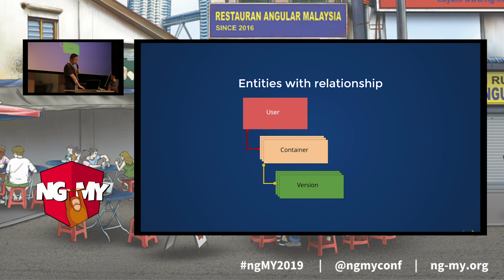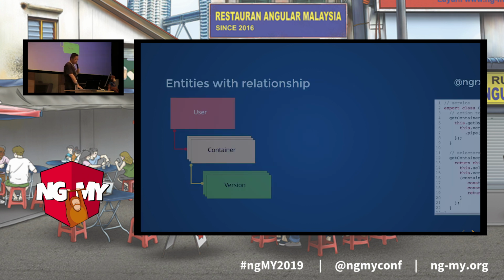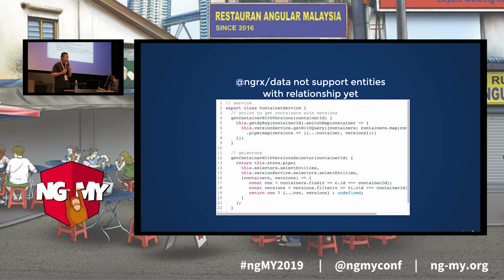In our case, one user can have multiple containers, and one container can have multiple versions. So we always want to have methods to get containers by user, or get a container with all its child versions. But such functionality is not supported by NgRx-data.